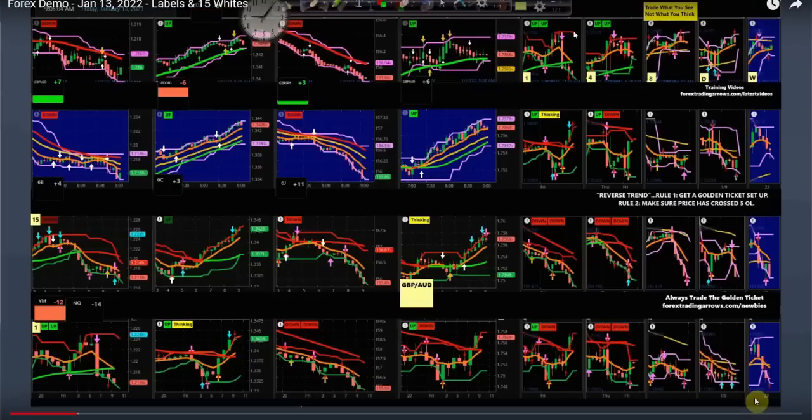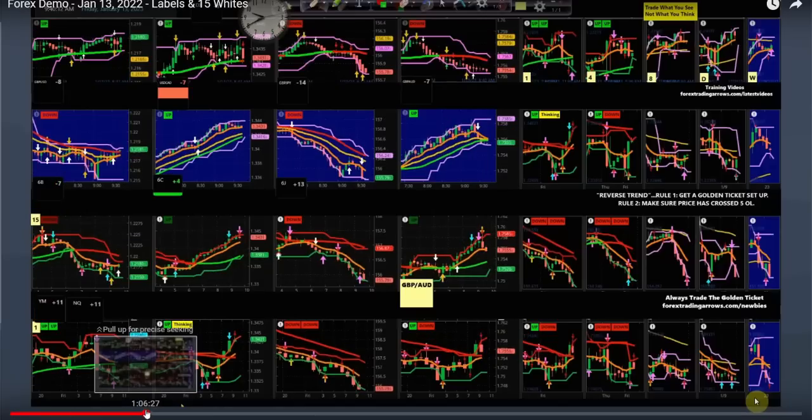Okay, that's the way to do it. You broke a 4-hour BB band, look at the 4-hour labels. 8-hour BB band, look at the 4-hour labels. Okay, but on this particular pair, you'd probably second move, because you can see it's not running like this. On the GJ, I'd say wait for a white up, whereas on the GU, I think you can 15-minute second move it. Okay, there you go.